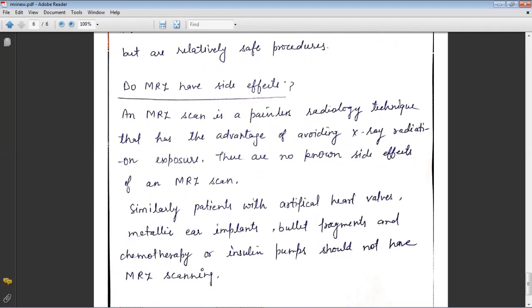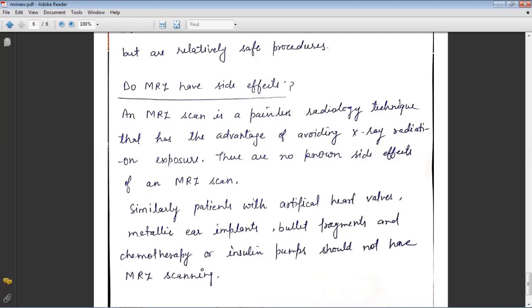However, patients with artificial heart valves, metallic ear implants, bullet fragments, and chemotherapy or insulin pumps should not have MRI scanning.